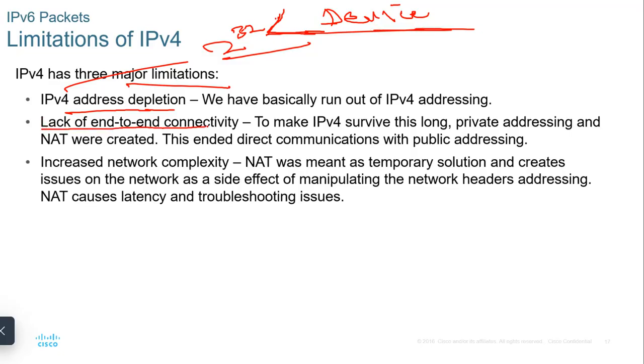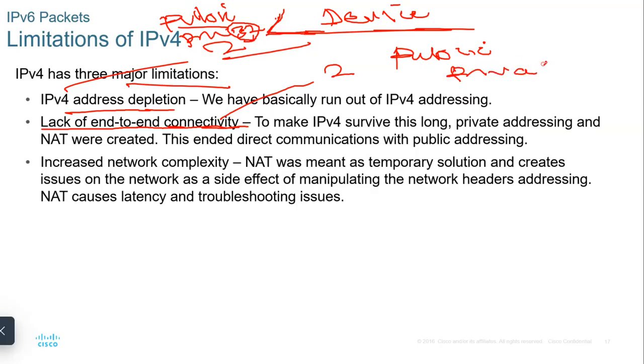So, lack of end-to-end connectivity. What does this mean? Now that the IP addresses here are few, remember this total constitutes both public and private. So if you subtract the private, there will be even fewer. We have two types, public and private.